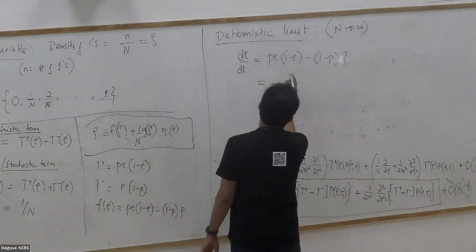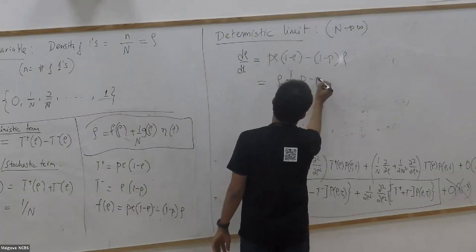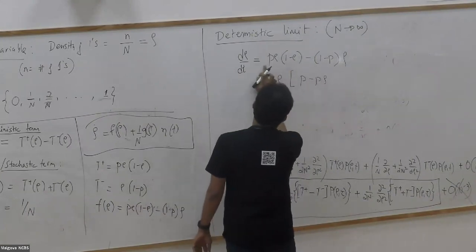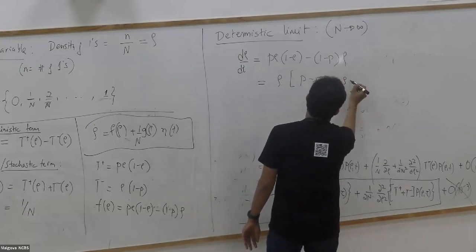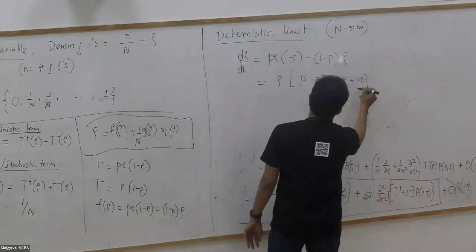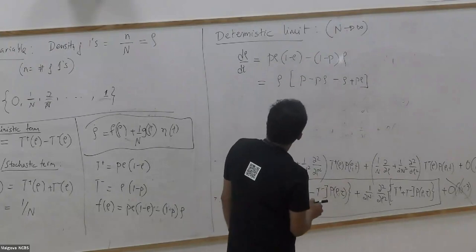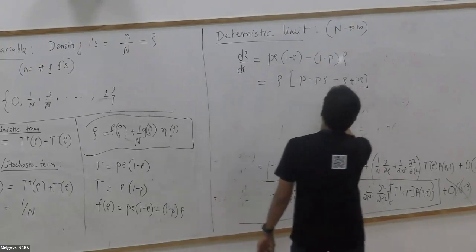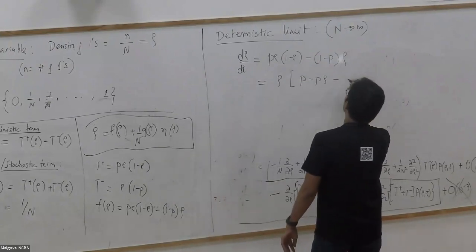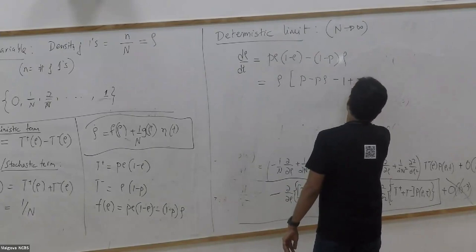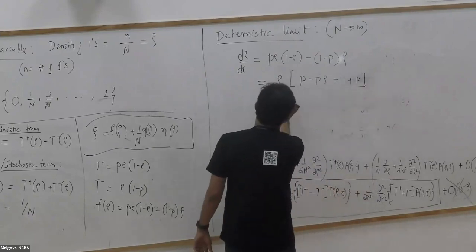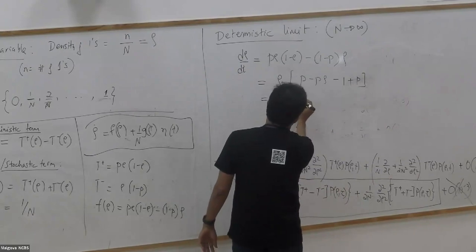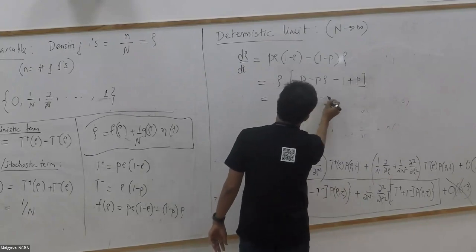Let me take rho outside, and we will have p minus p rho, minus (1 minus p). Are you sure? Yes. Is that right? Okay. So we will have (2p minus 1) minus p rho.